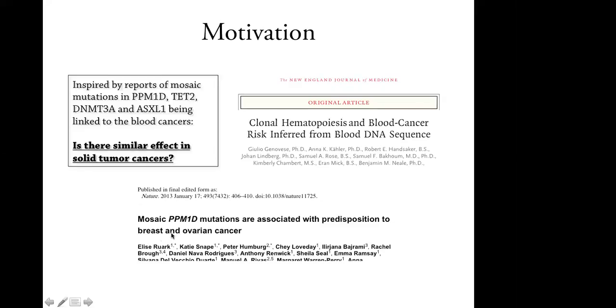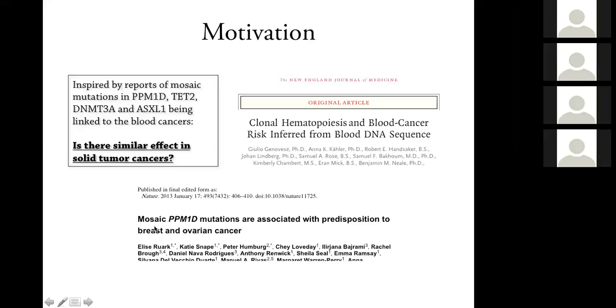So it has been recently shown by Elise Ruark and her co-authors that mosaic events in PPM1D are actually associated with a higher risk of breast and ovarian cancer. Moreover, it has been shown in this paper that it's specifically the very last exon of PPM1D, affected by mosaic protein truncating variants, that leads to a higher risk of cancer development.